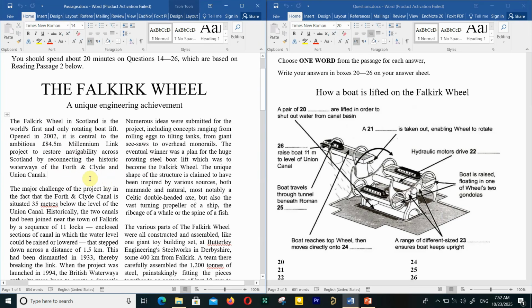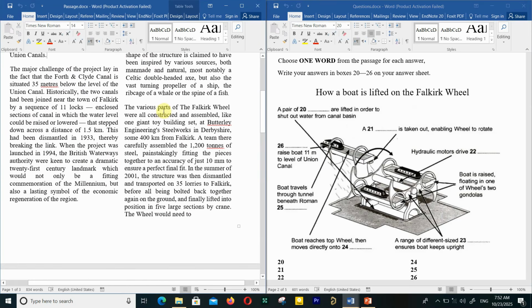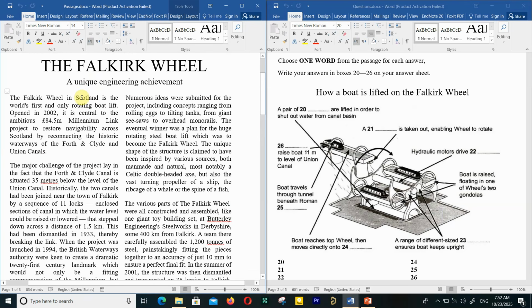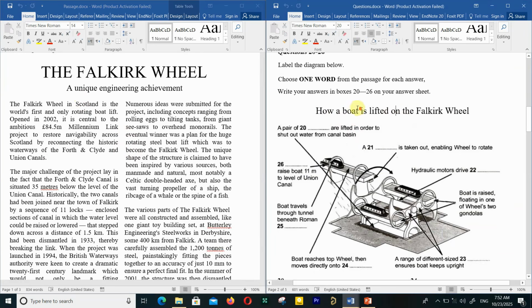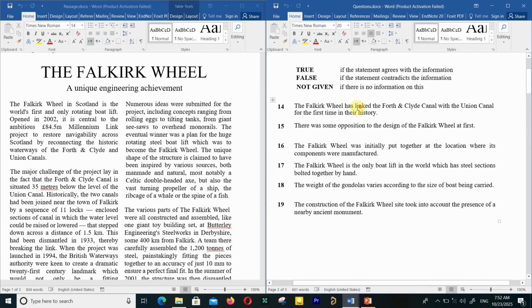You have to familiarize yourself with coordination of keywords. So where can we find this? And another important tip is that these questions, we cannot say for sure, but these questions are after the true false not given.